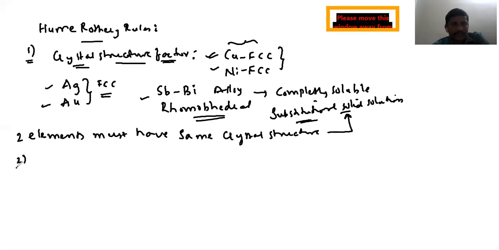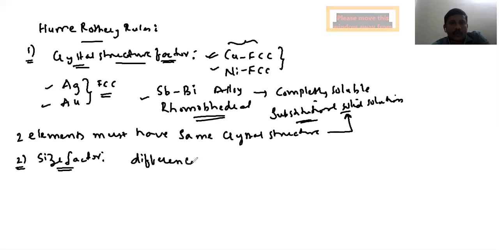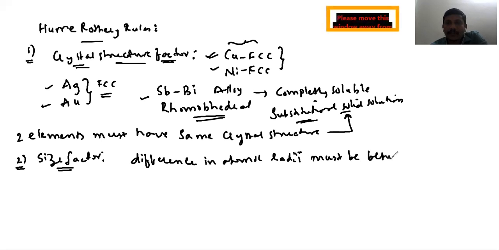Next, the second one is the size factor. The two elements must not have a difference in atomic radii of more than 15%. So the difference in atomic radii must be between 8% and 15%.